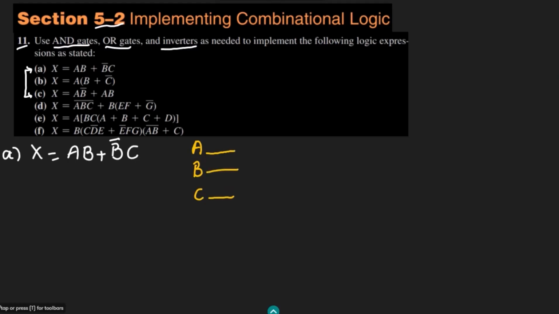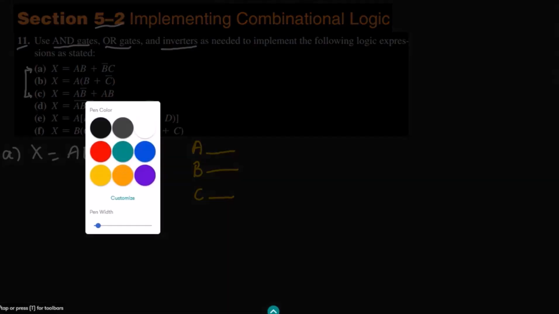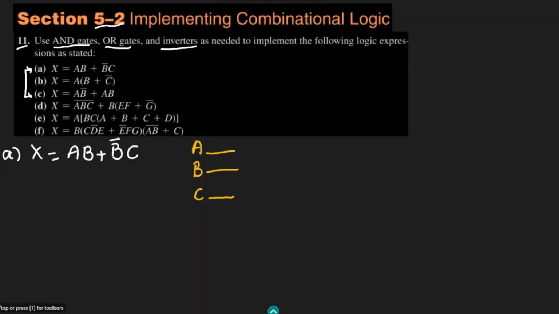Okay, so what are the steps here? I can very clearly see that AB is multiplied together, and B complement C is multiplied together.